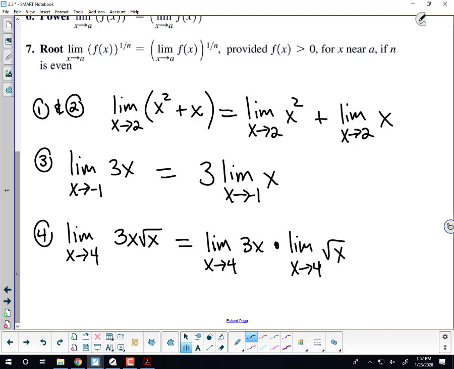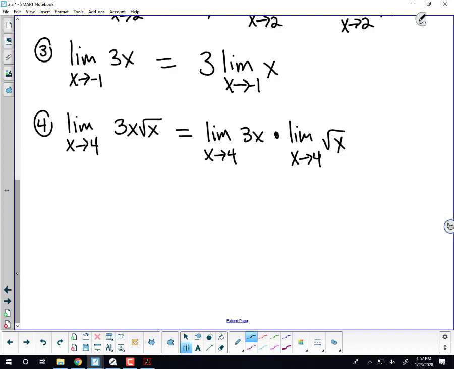So the quotient, just keep in mind there's a restriction with the quotient, and it's the same restriction you've always had when you take the quotient of two functions. You can't divide by 0. Okay, so like the limit as x approaches 1 of x squared plus 2 over x plus 1.